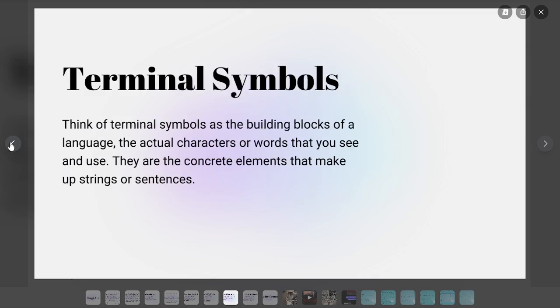Terminal symbols. Think of terminal symbols as the building blocks of a language, the actual characters or words that you can see in use. They are concrete elements that make up strings or sentences.